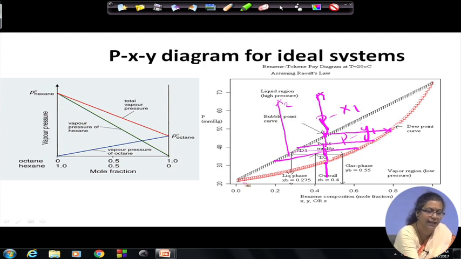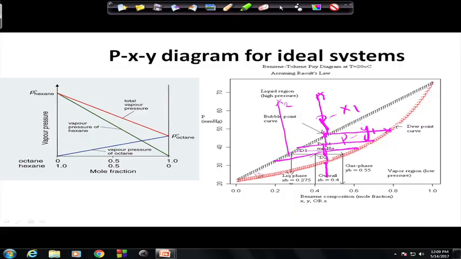This entire saturated vapor curve basically gives us the composition of the first bubble which appears when the saturated liquid first converts to the vapor phase. Therefore, this curve is known as the bubble point curve.